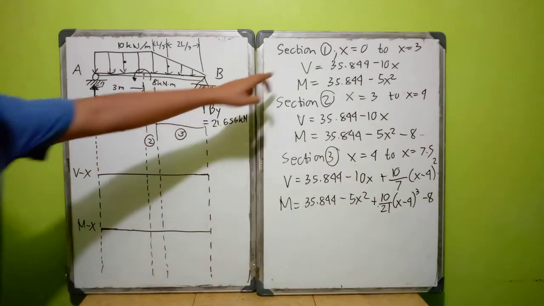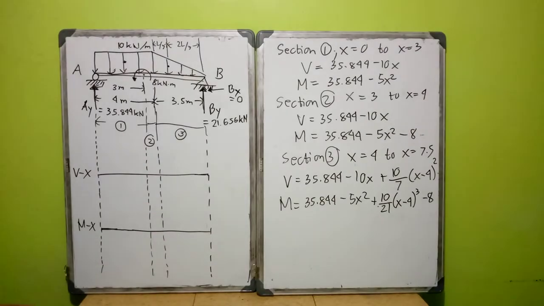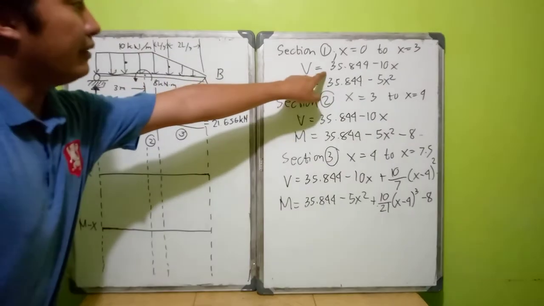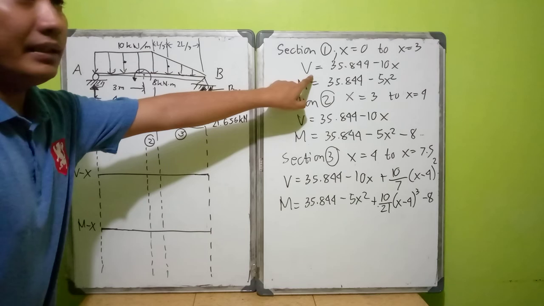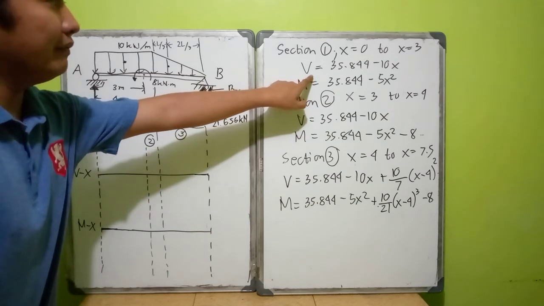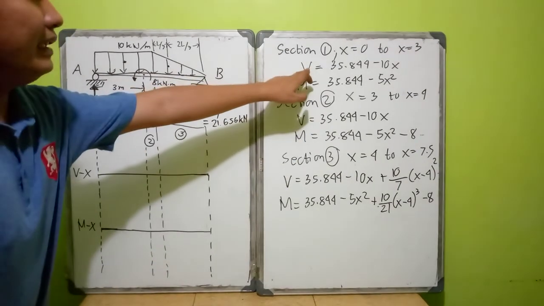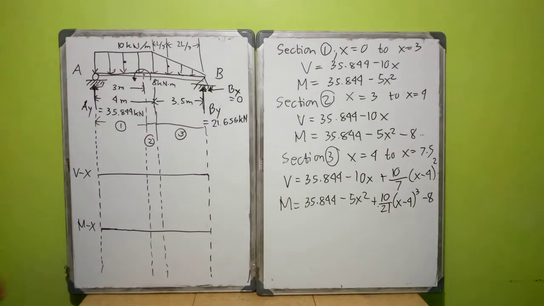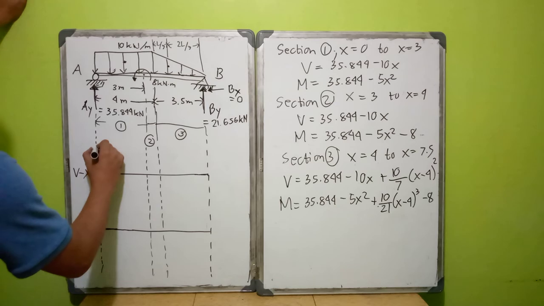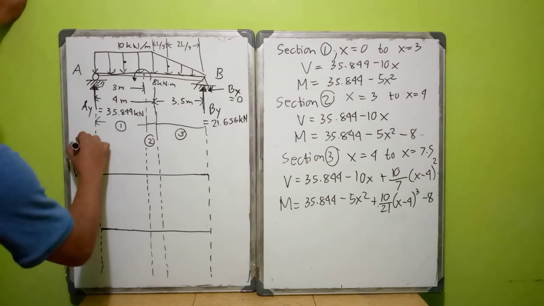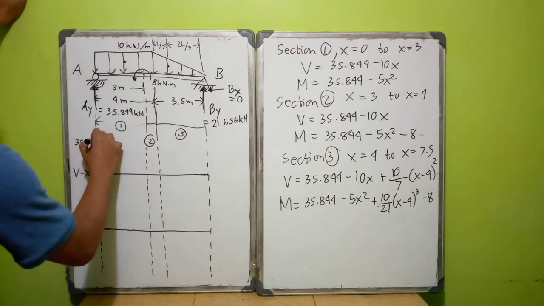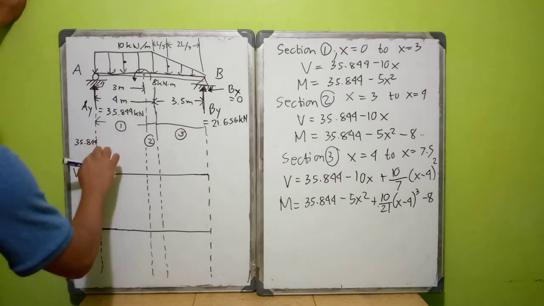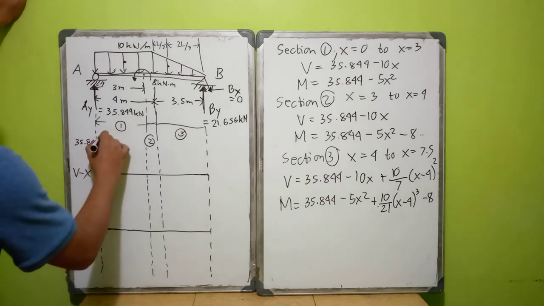When x is equal to 0, you substitute in this shear equation, and our value will become 35.844 kilonewton. So let us put it here.